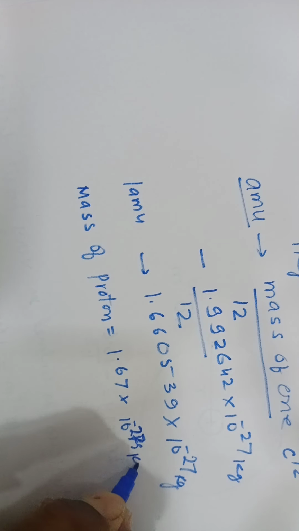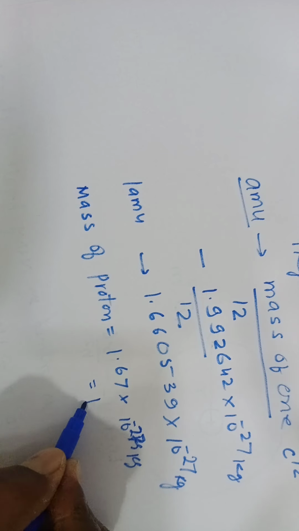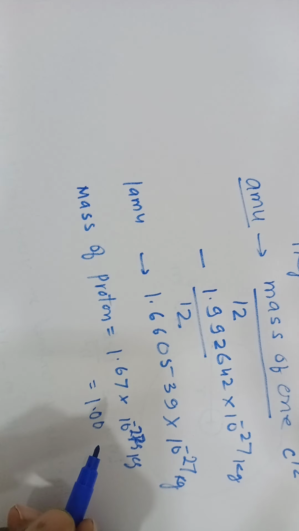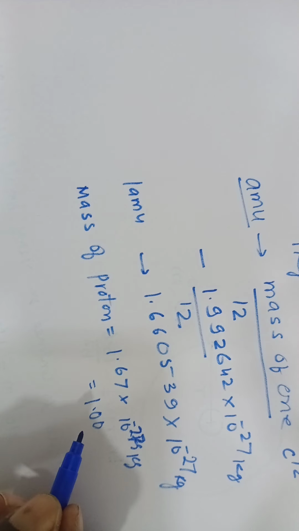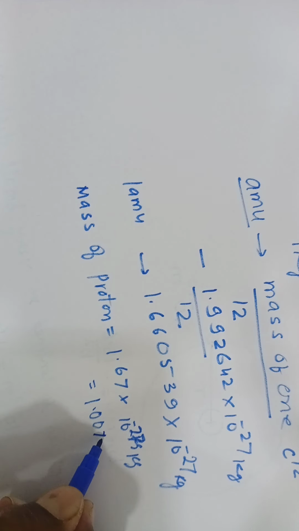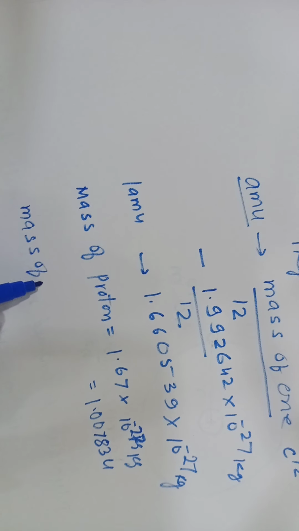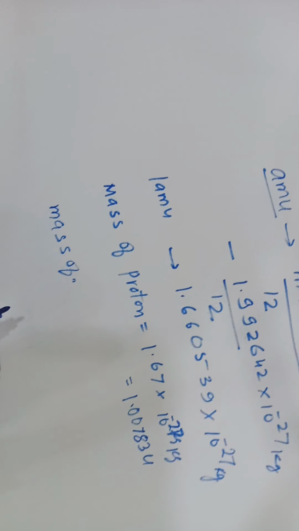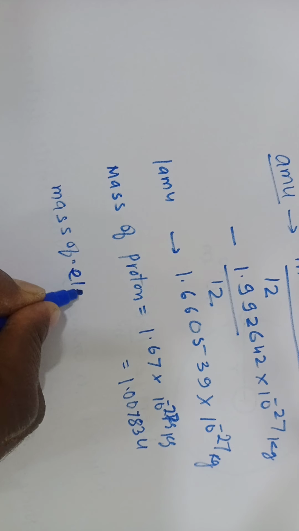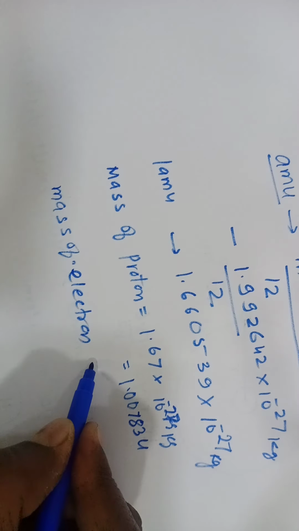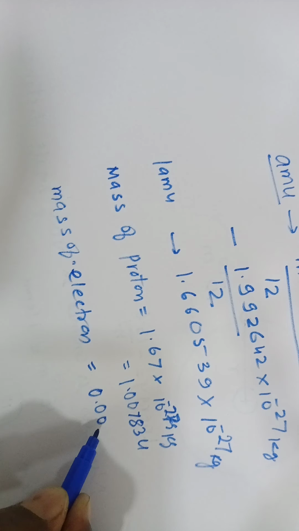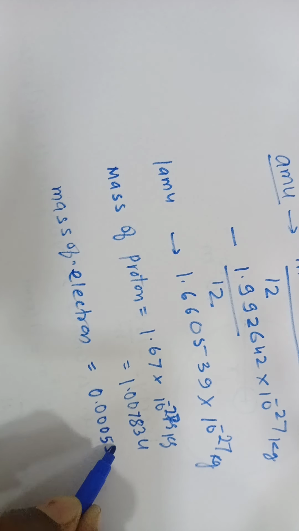In kilograms we all know this, but in atomic mass unit it will be 1.00727783 u. And the mass of electron in the AMU unit system will be 0.00055 u.